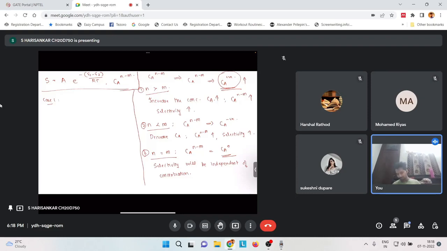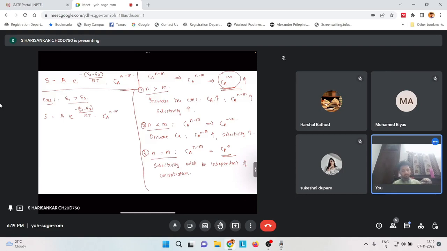So let's take case 1, E1 greater than E2. That means the activation energy of reaction 1 is greater than the activation energy of reaction 2. In this case, S is equal to A e raised to minus (E1 minus E2) by RT, times Ca raised to n minus m.